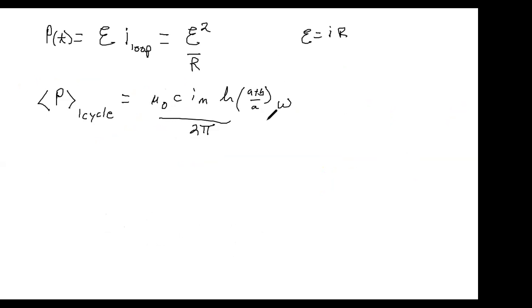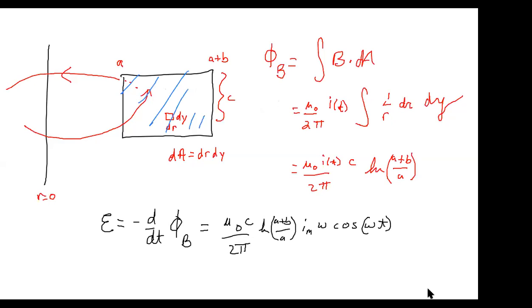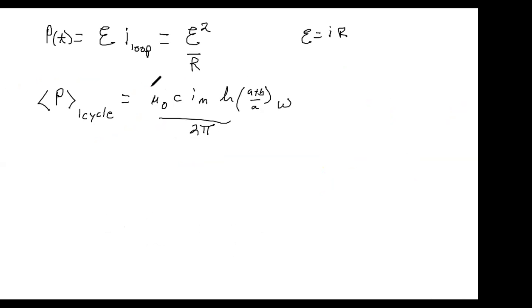I think I've got them all. These are all those constants, and you have to square it because it's EMF squared. And then you have cosine squared of omega t.